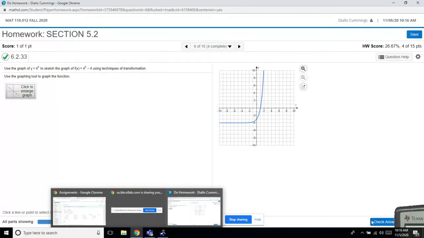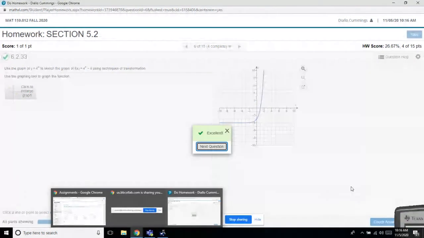I'm going to save that. All right, so just remember, if the base is greater than 1, that graph would increase. If the base is less than 1, then the graph would decrease.